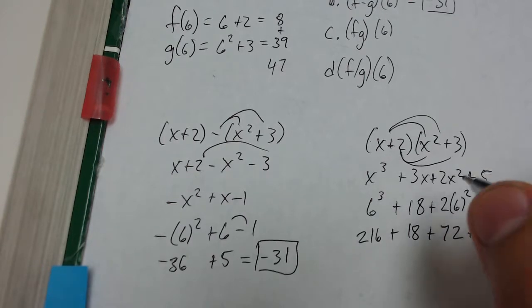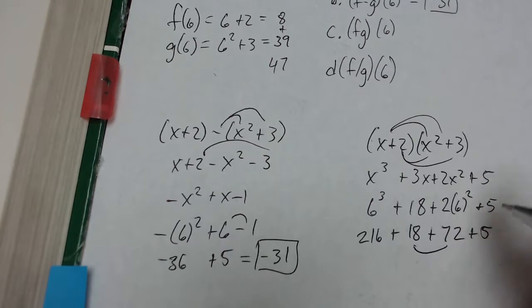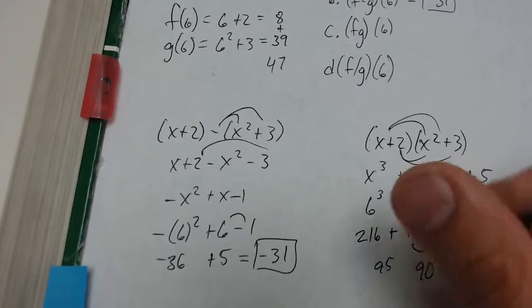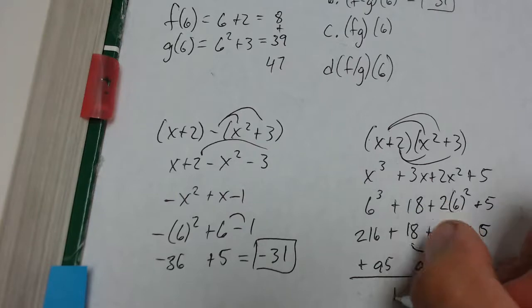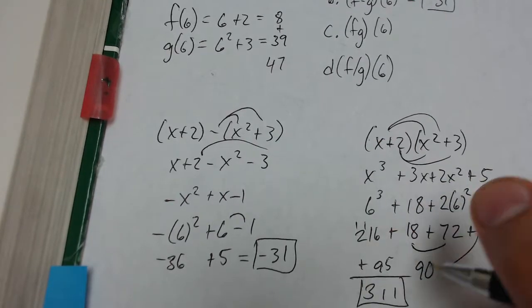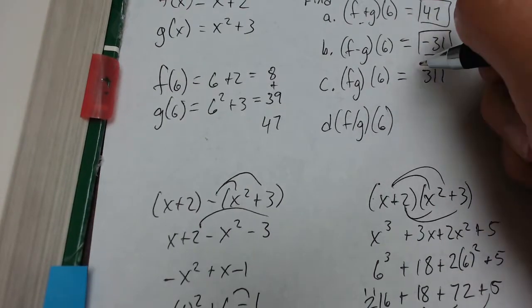Now let's see here. I'll go and combine these. 18 and 72 combined give me 90. 90 plus 5 is 95. 95 plus 216 gets me 311. So this one equals 311.